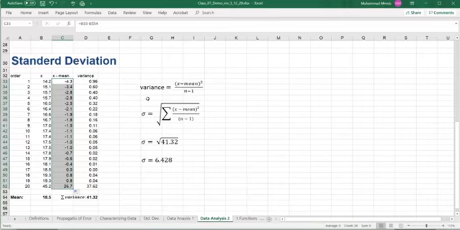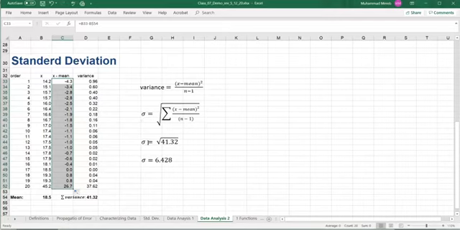Then we have the variance, where we square each deviation and divide by the number of values minus one, which in this case is 20 minus 1. So for each of them, we square the difference, divide by n minus 1, and then we find the summation for the variance, and then you find the square root of that.